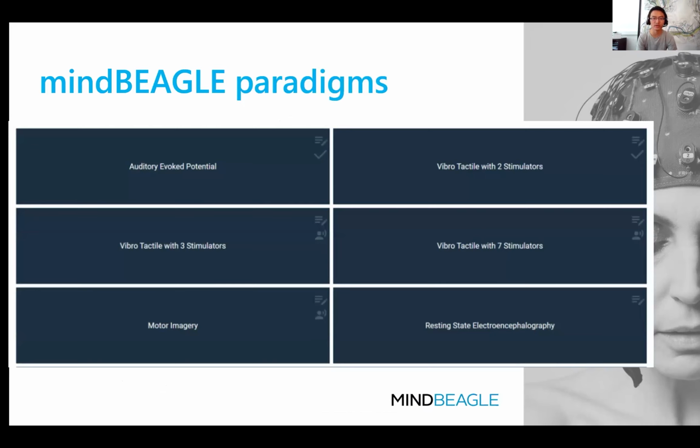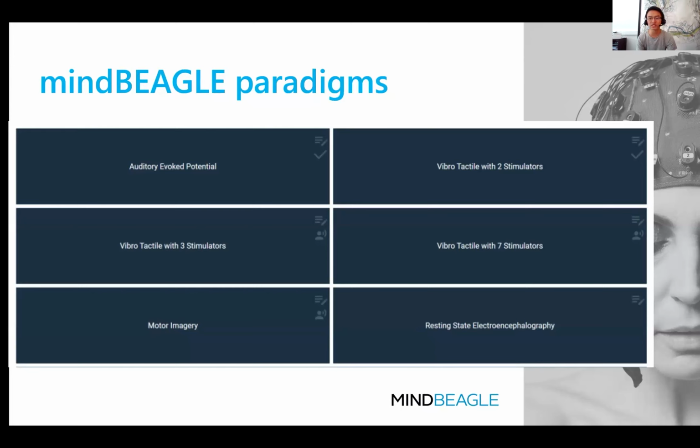As also explained by Christoph before, in the auditory paradigm, we have the high tone and the low tone delivered to the patient, and the patient is instructed to focus on the high tone and ignore the low tone. The VT2 is similar to the AEP because it also has 2 stimuli, but in a tactile format. So the patient is instructed to focus on the tactile target stimuli and ignore the non-targets.